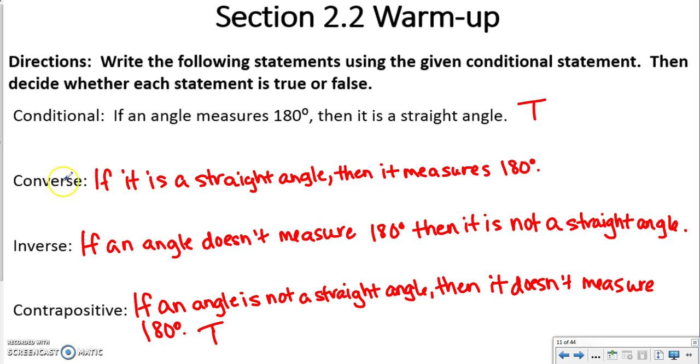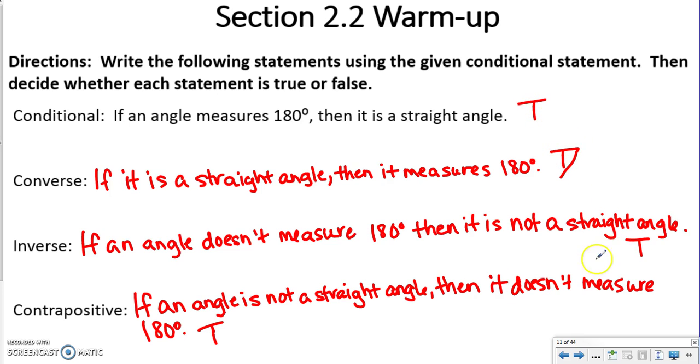All right, on converse, if it is a straight angle, so we know we have a straight angle, then it measures 180 degrees. That's also true. And remember that the converse and the inverse are equivalent statements, so if the converse is true, the inverse is also true. That means all four statements are true, but we really only had to check the conditional and the converse.